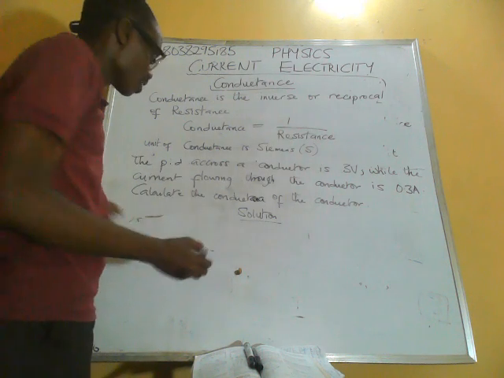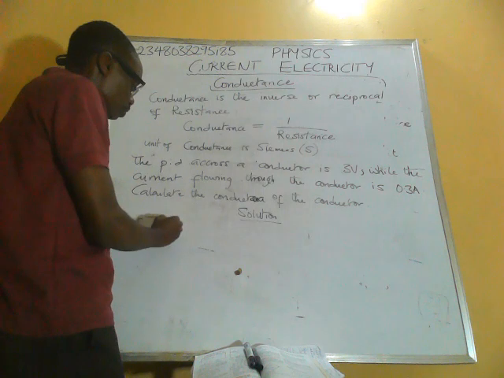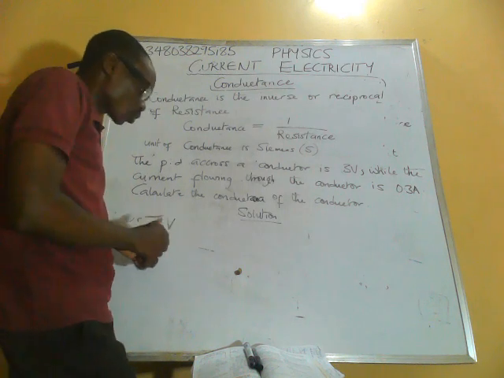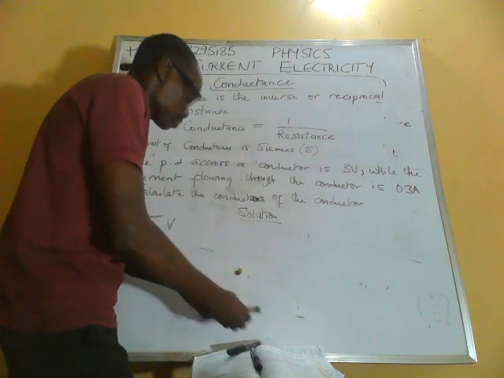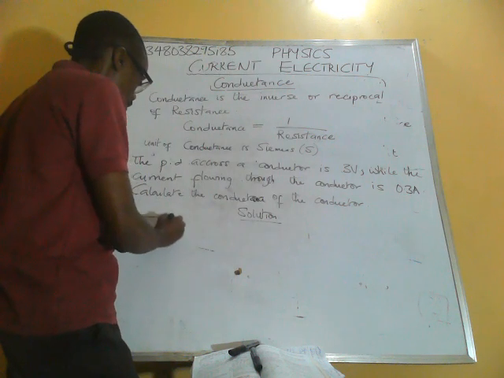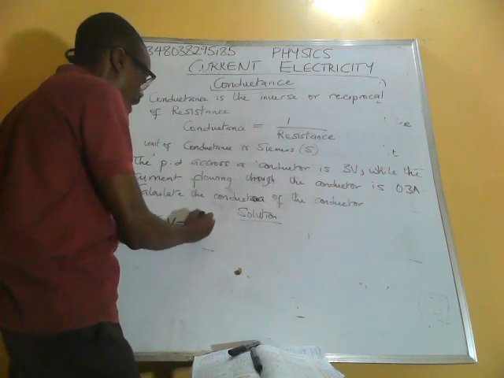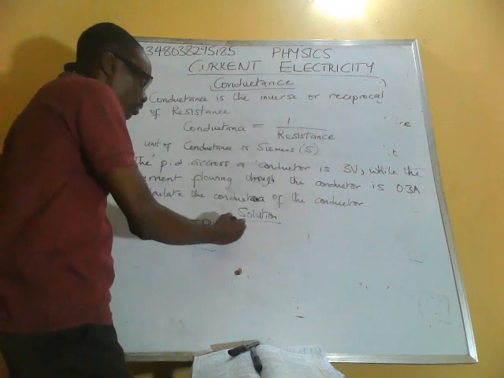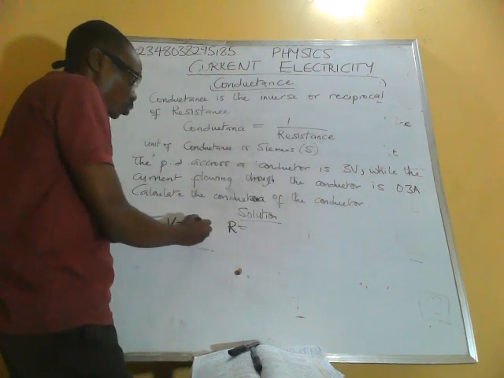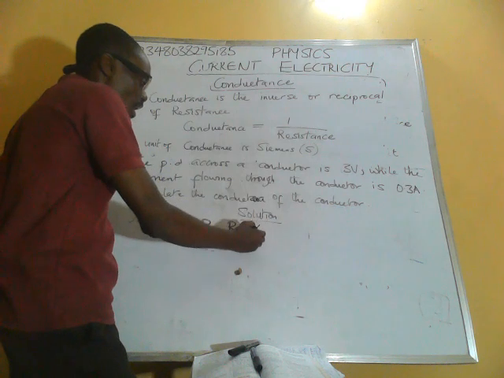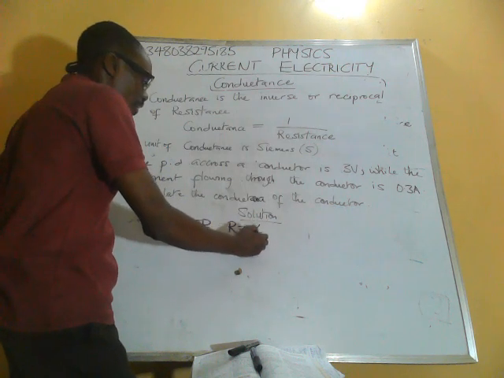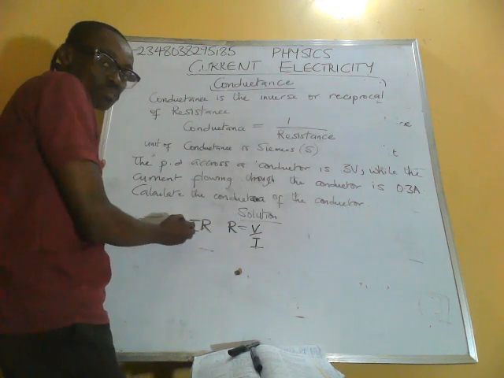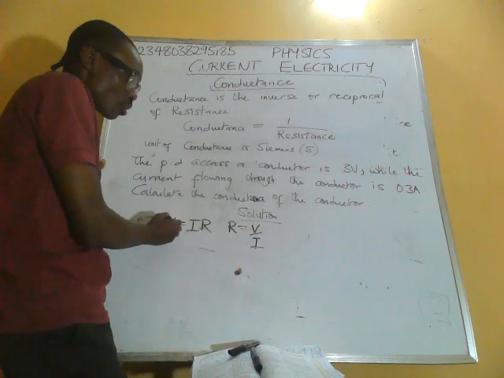So if we can calculate the resistance of this conductor, we can calculate the conductance. So first of all, we calculate the resistance from Ohm's law. V is equal to IR. So from here, R is equal to V over I. You make R the subject of this equation.